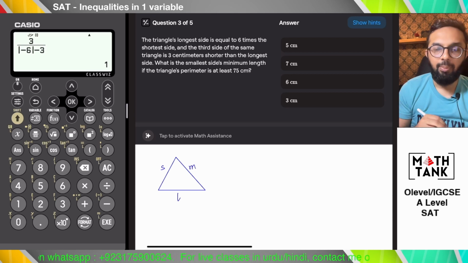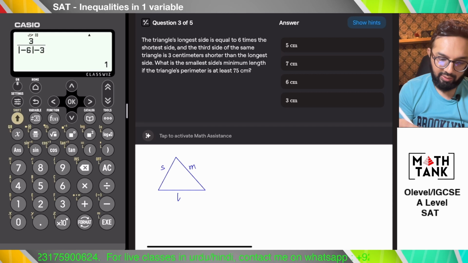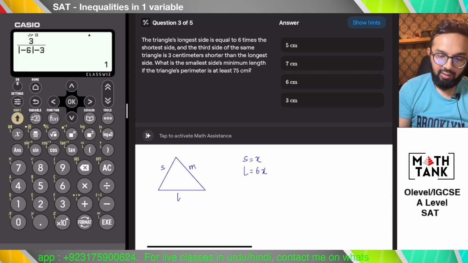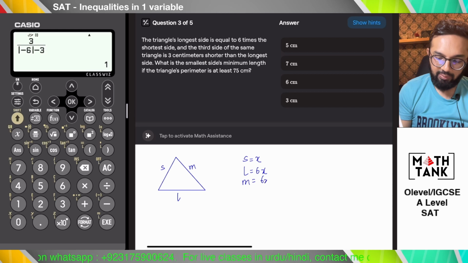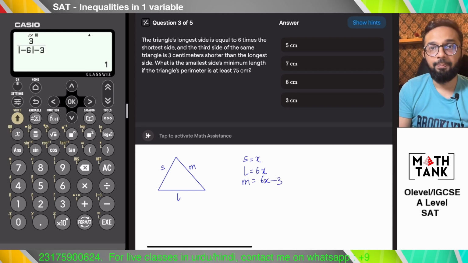Let's see what limitations we have. If the shortest side is x, the longest should be 6x. And the medium side is 3 centimeters shorter than the longest side.